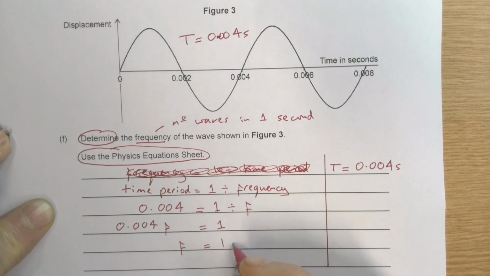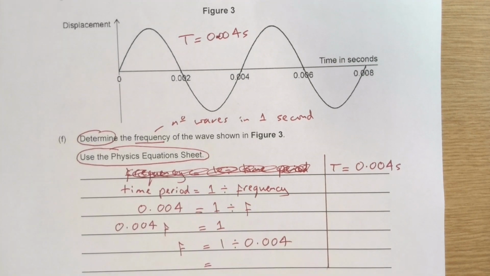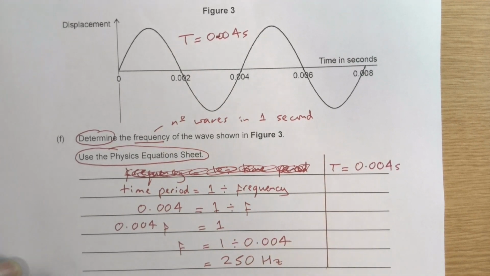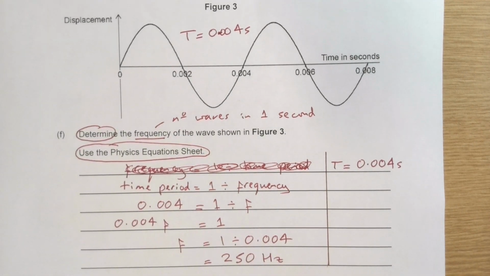So 1 divided by 0.04 equals 25 hertz. Okay, right, hope that's useful. Take care.